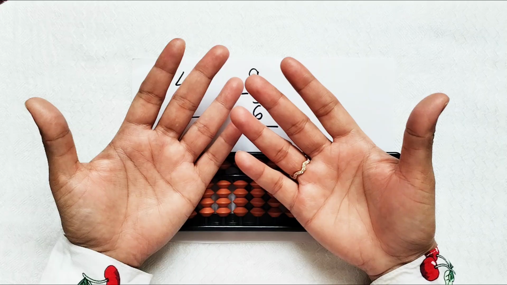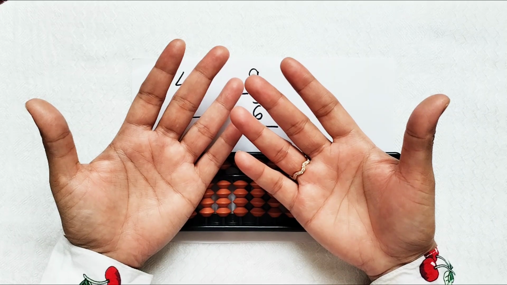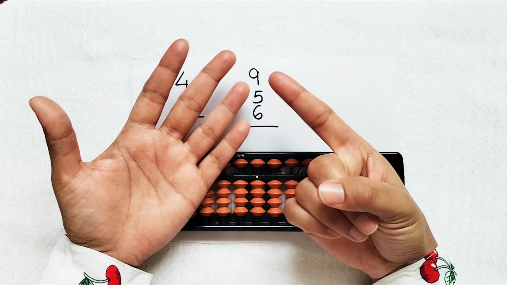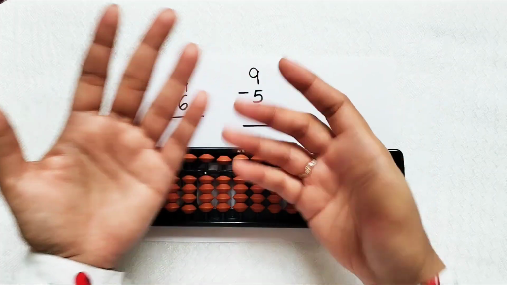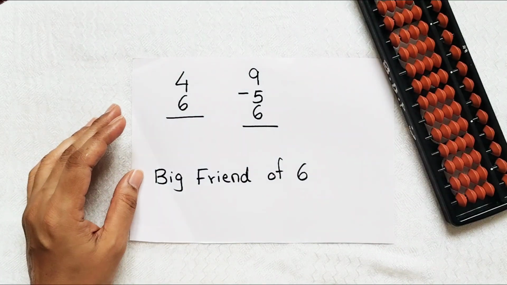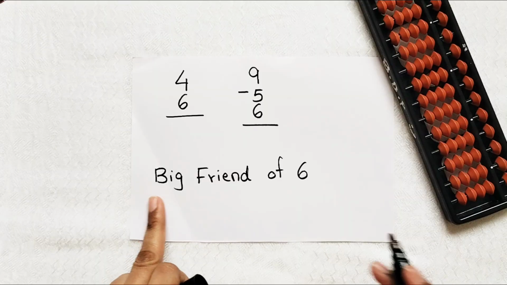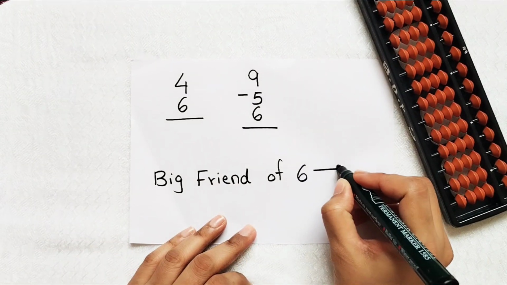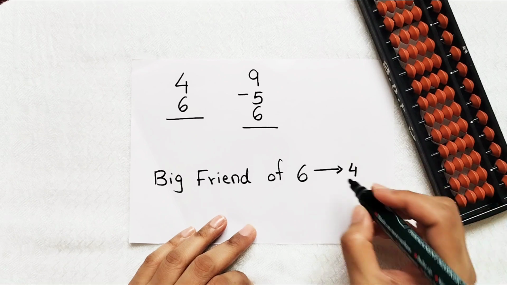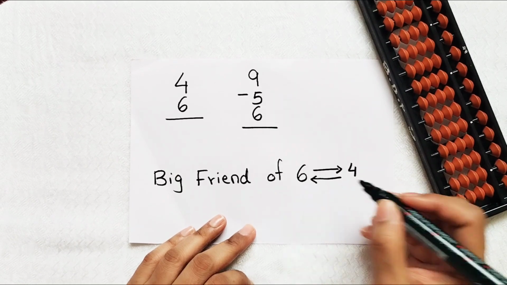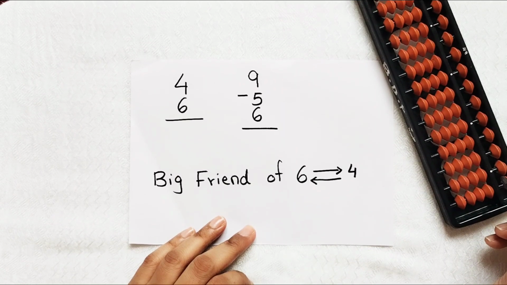I need 4 more fingers to make the total 10. So, who is the friend of 6? The friend of 6 is 4. Big friend of 6 is 4. I can also say 4 is the big friend of 6.